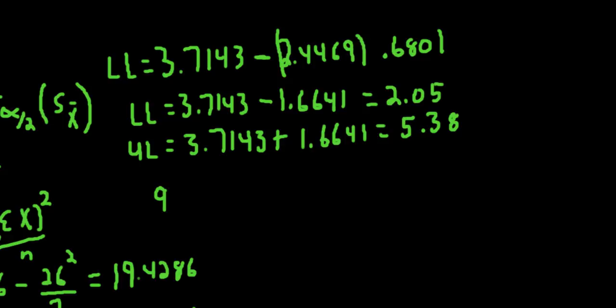So our 95% confidence interval for this population mean, based on the sample mean that we have, the standard error, and the desired level of confidence, is 2.05 to 5.38.